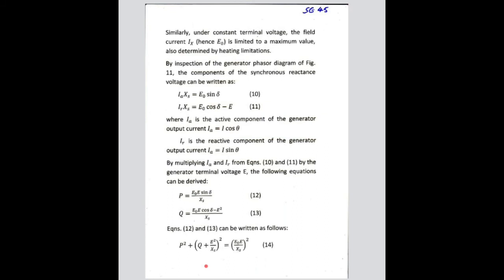If we now, instead of focusing on the armature heating, want to look at how much reactive power the generator can produce, right?